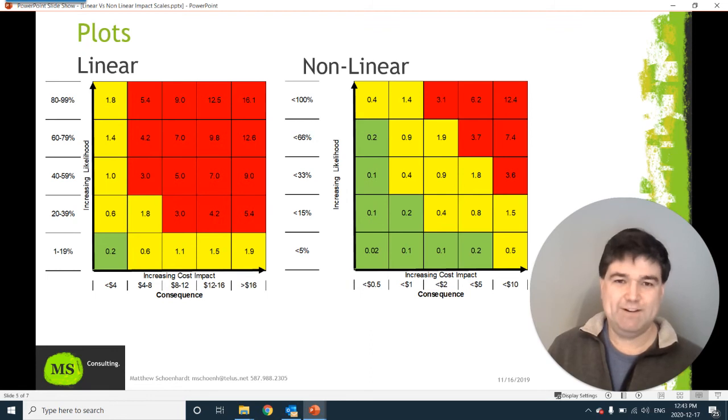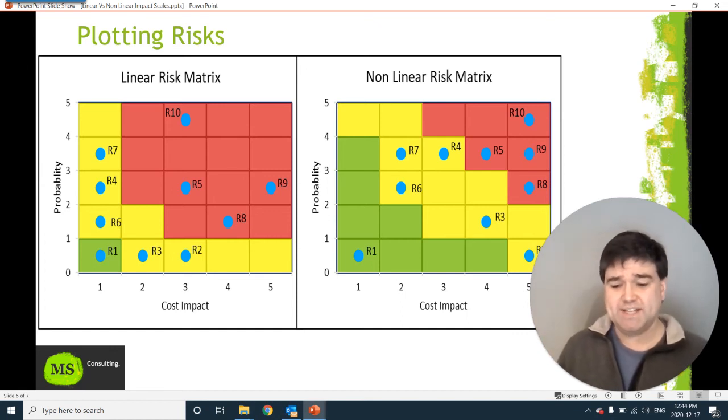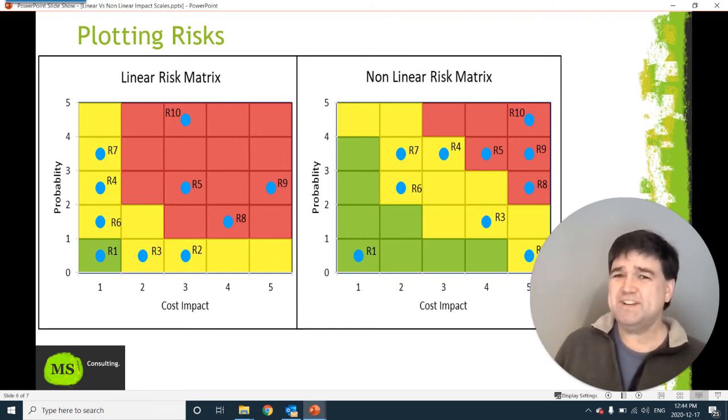So let's take the 10 risks that we came up with and plot them on the scales. When we plot all those risks on the linear scale, we see all of those low-risk items, those acceptable risks, those yellow in-between risks, they all tend to cluster in that bottom left-hand corner, and they don't give us a lot of differentiation between each of those risks.